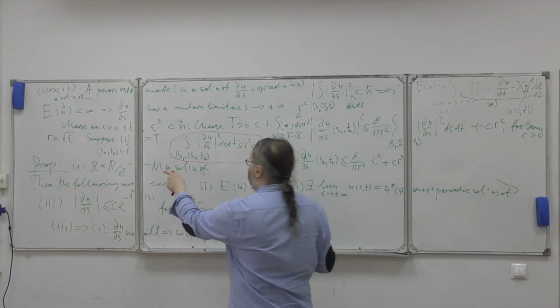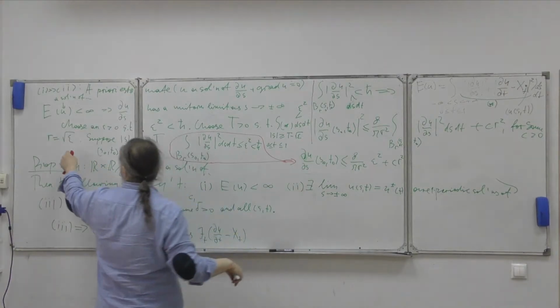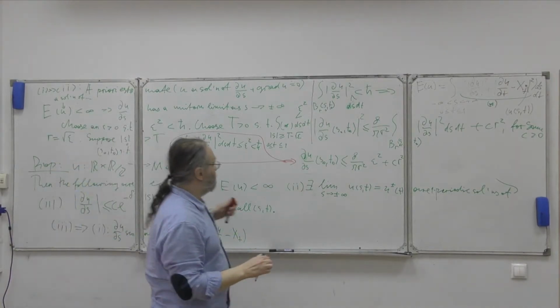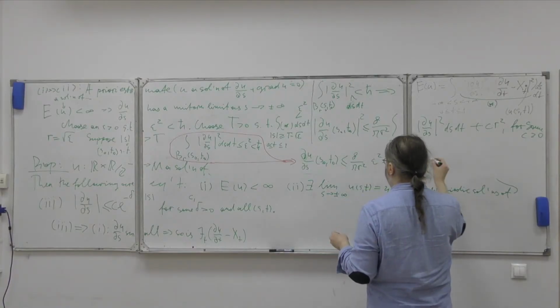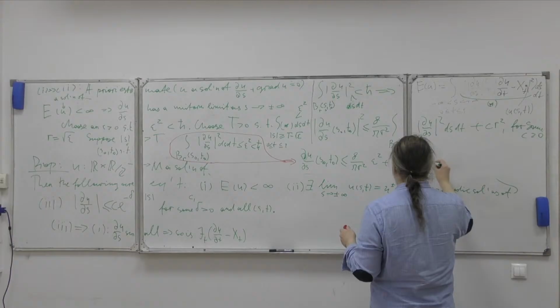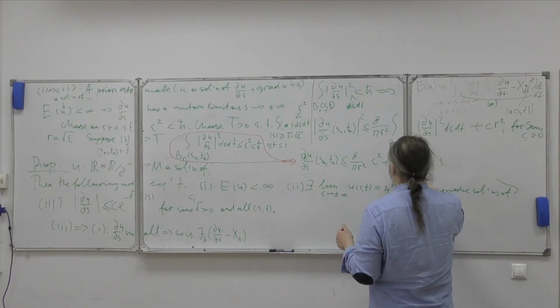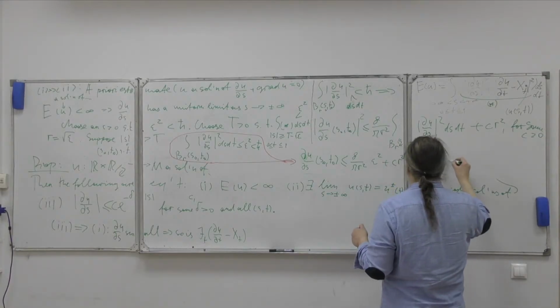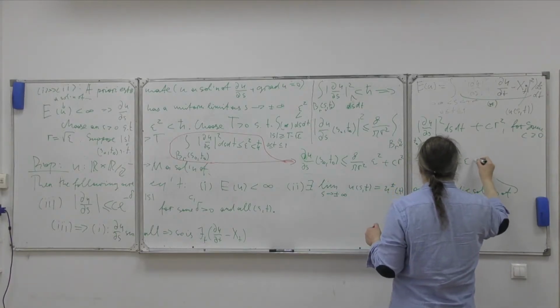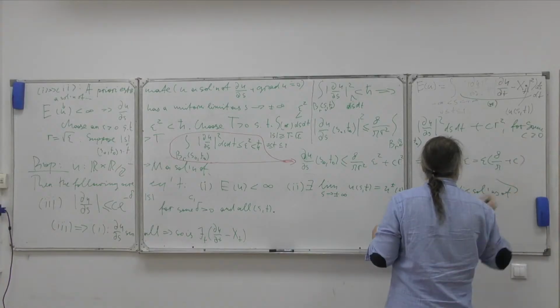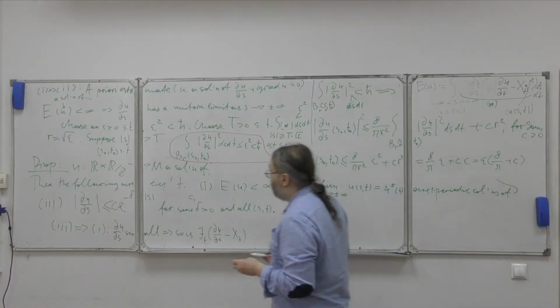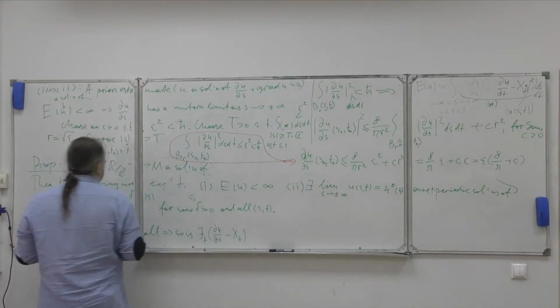Let's remember, r squared is epsilon. So this is the same as 8 divided by pi epsilon plus c epsilon, which is epsilon times 8 by pi plus c. And this is small.